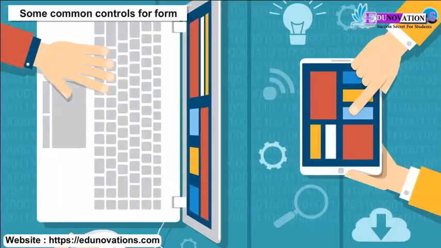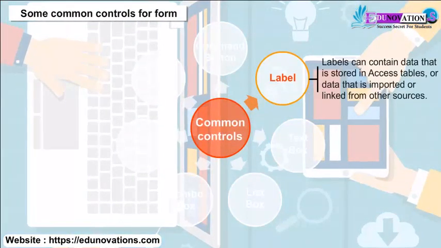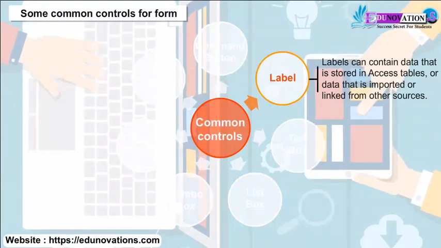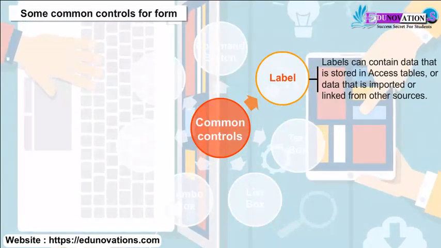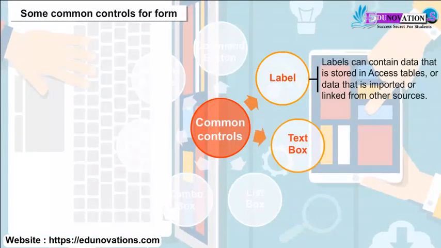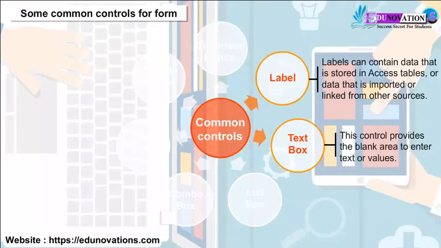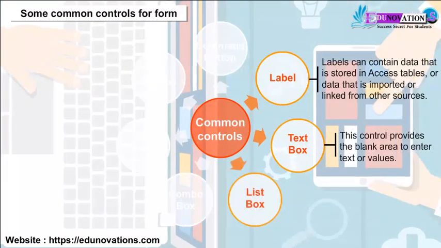Some common controls for a form. Label. Labels can contain data that is stored in Access tables or data that is imported or linked from other sources. Text box. This control provides a blank area to enter text or values. List box.